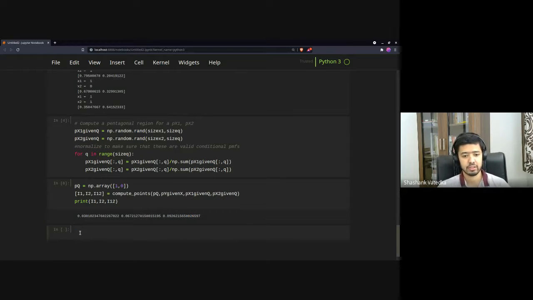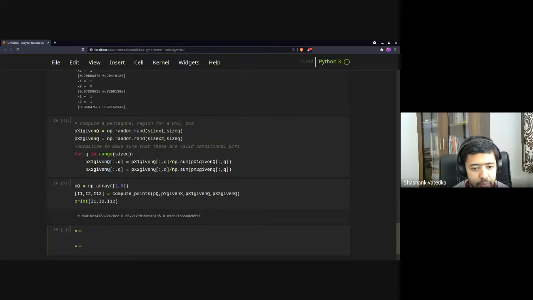Now these correspond to these mutual information terms. Remember that if I want a rate pair, then R1 should be less than or equal to I1, R2 should be less than or equal to I2, and R1 plus R2 should be less than or equal to I12.